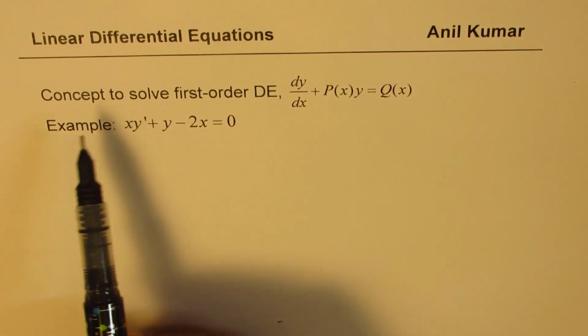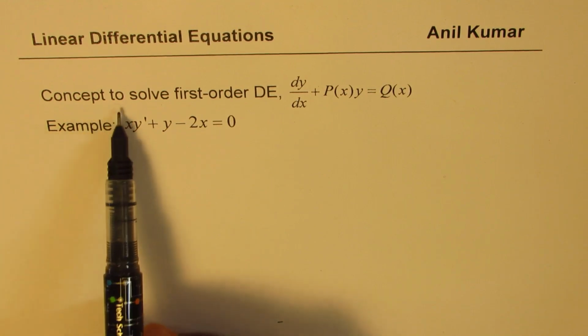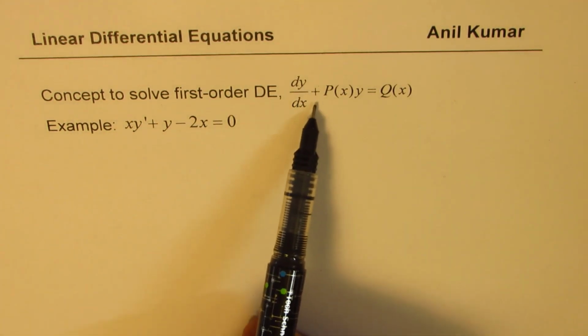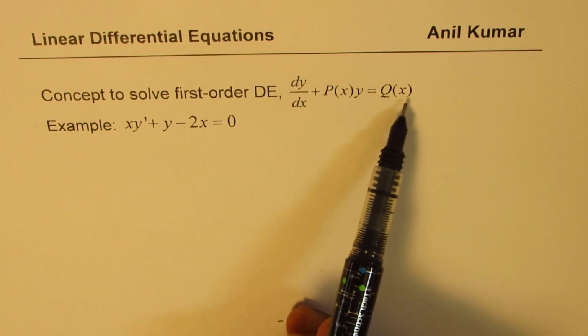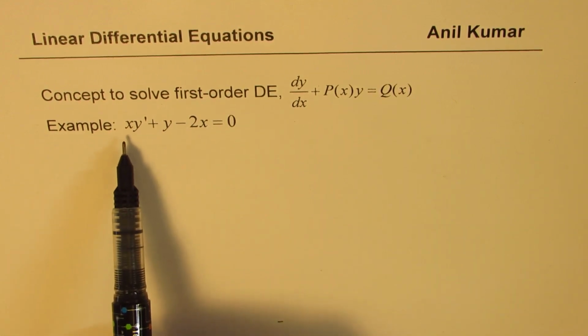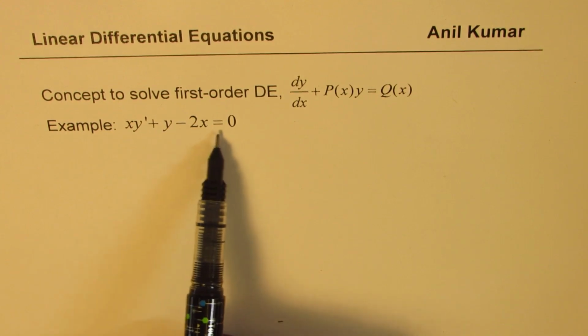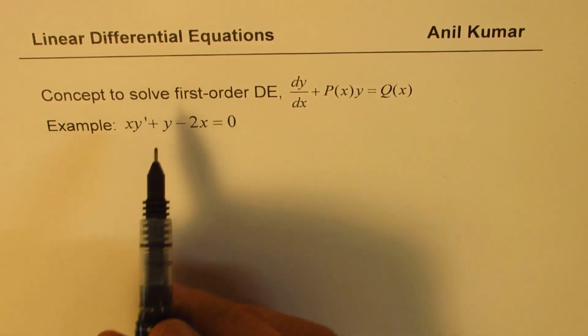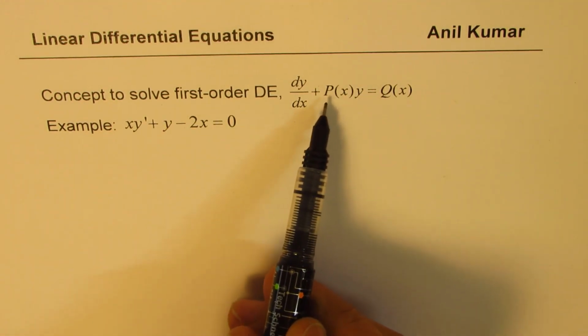Now let's continue. We will now understand the concept to solve first order differential equations of the form dy/dx plus p(x)y equals q(x). The example is xy dash plus y minus 2x equals 0. We just saw that it is not separable. However, we could write it in the given form.